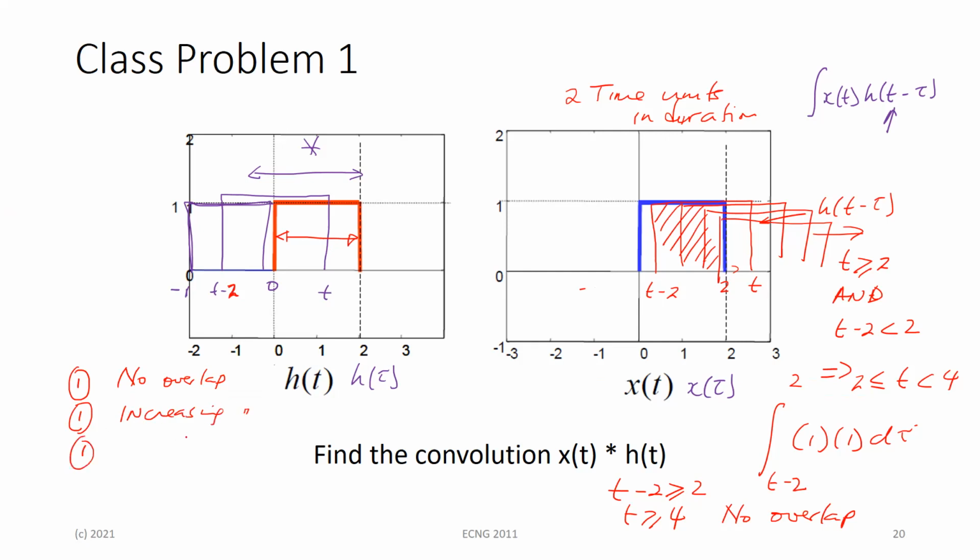You have one zone with decreasing overlap, and then you have the last zone with no overlap again. Right? So your answer has to have 4 time zones: one before the convolution starts, 2 during the convolution, and 1 after the convolution. Yeah?